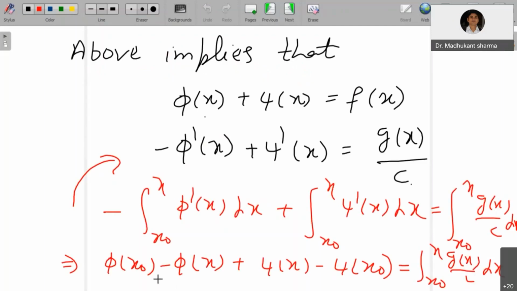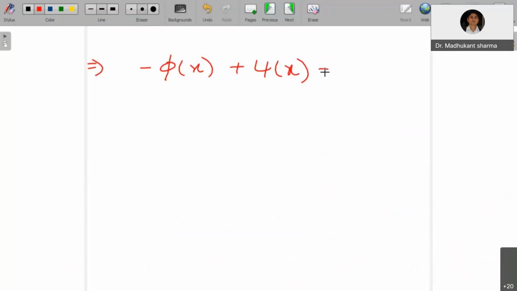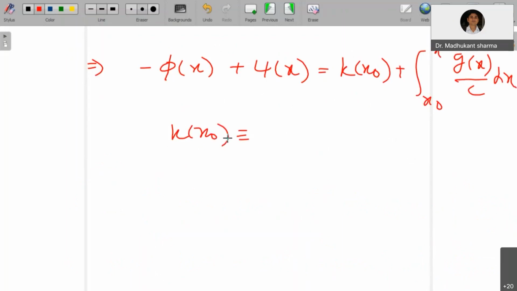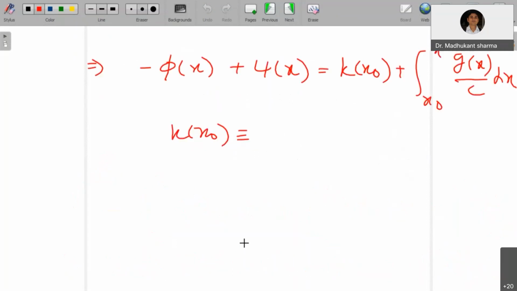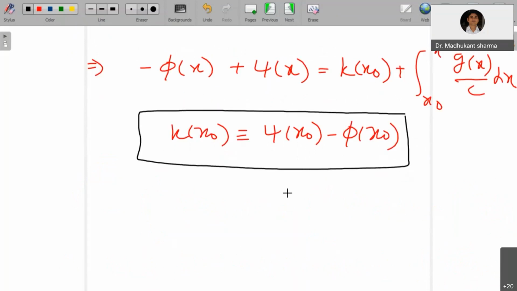I'm giving this name, phi of x naught minus c of x naught as minus k of x naught, so this is k of x naught plus integration x naught to x g of x by c dx. So what is k of x naught? Its definition is k of x naught is, going to that side, psi of x naught minus phi of x naught. So this notation is for this.